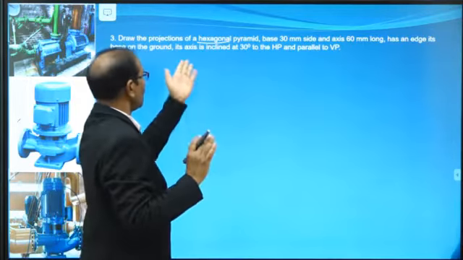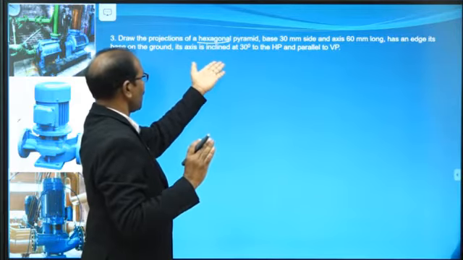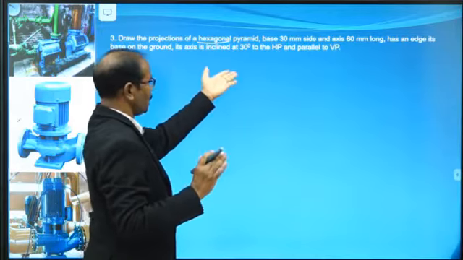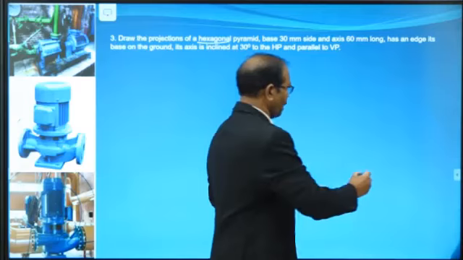That means, let's observe what object is given. A hexagonal pyramid. Just a rough sketch of the hexagonal pyramid.